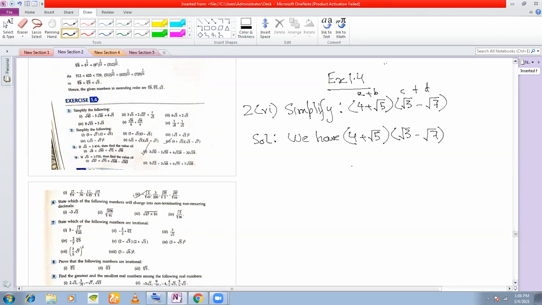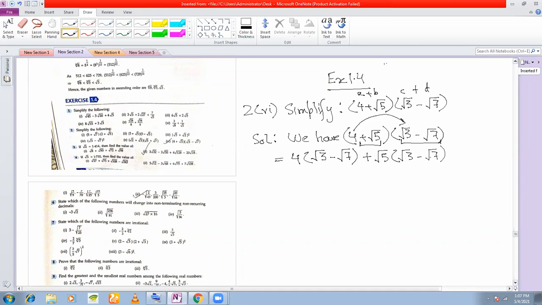That is how we'll do. So first we are going to multiply 4 with root 3 minus root 7. So 4 root 3 minus root 7, plus, because you have a plus root 5 here, we are going to multiply root 5 with again root 3 minus root 7.